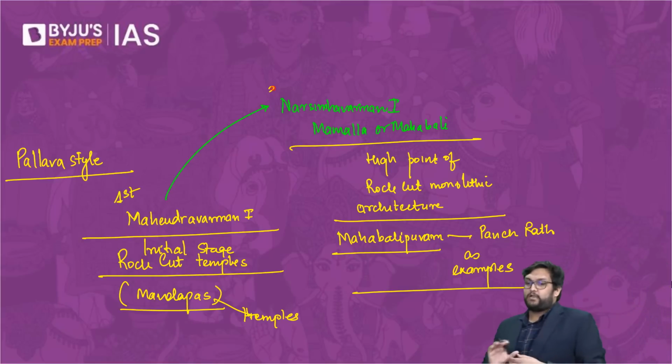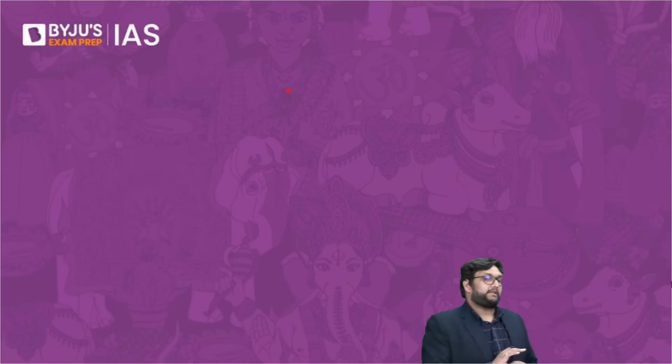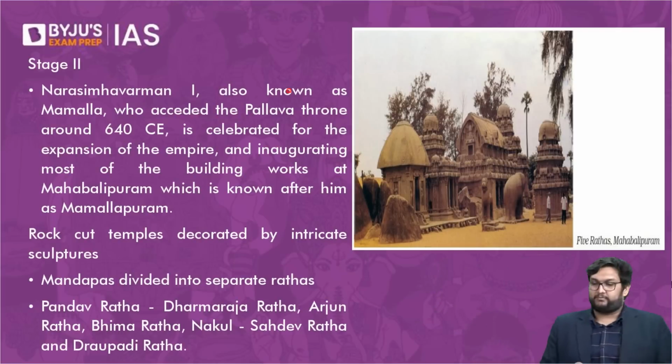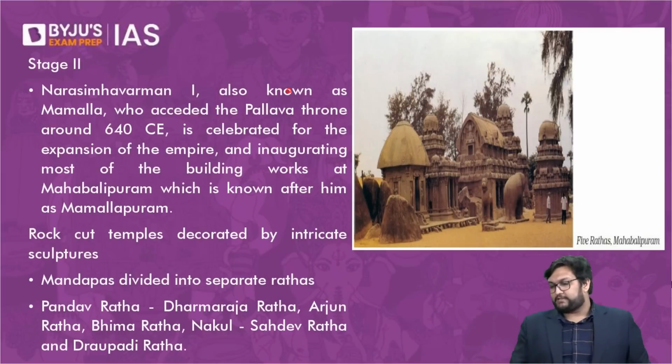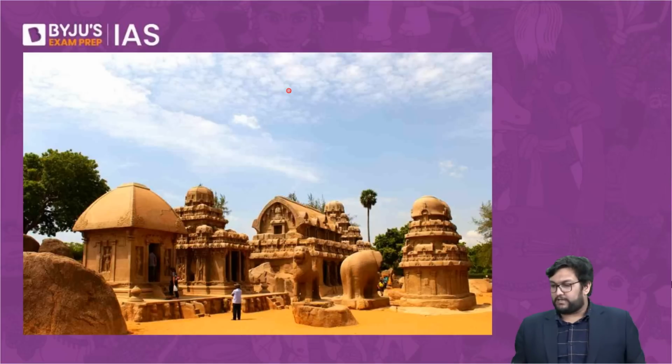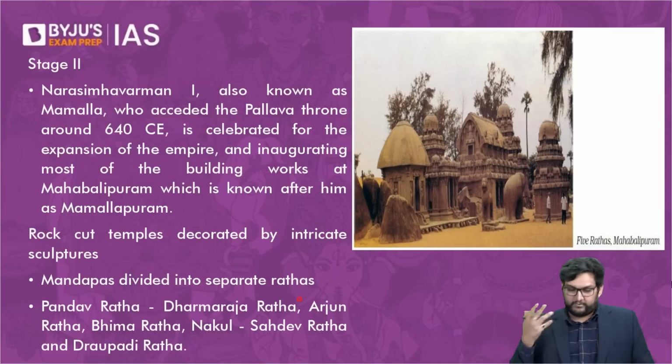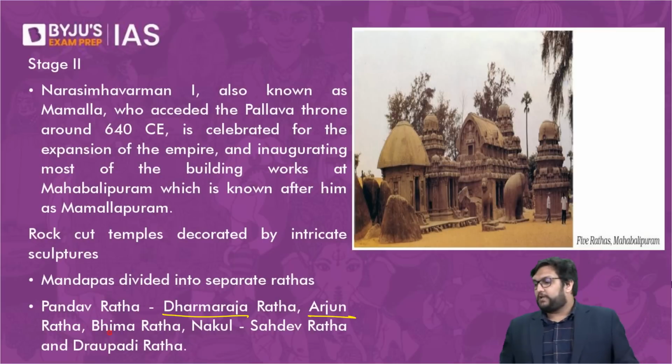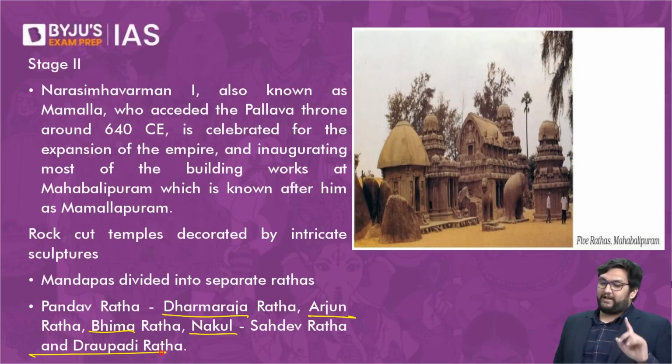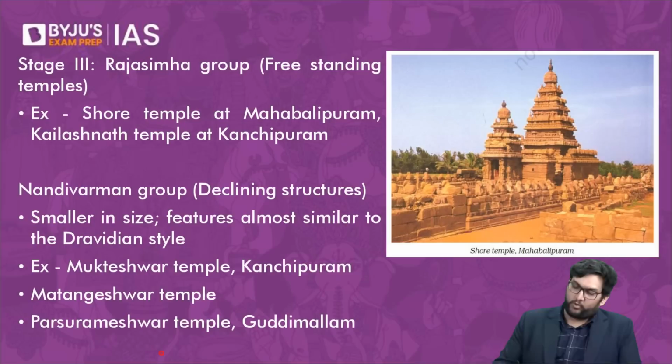These Pancharaths are named after different characters of the Mahabharata: Dharamrath, Arjunrath, Bhimrath, Nakul Sahdevrath and Draupadi Rath. Each was one whole rock carved into a temple.